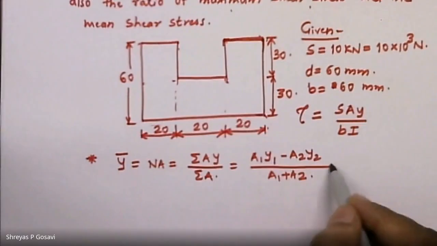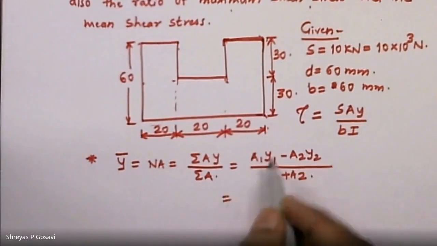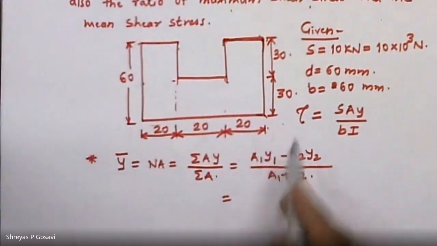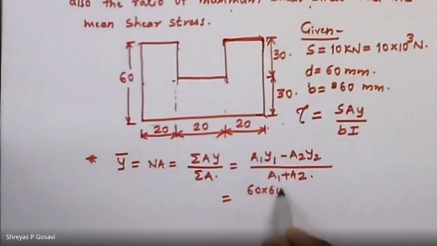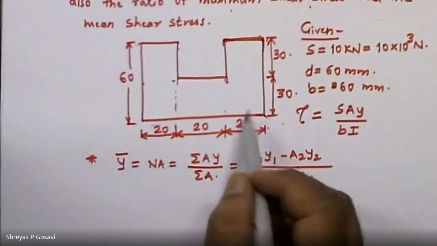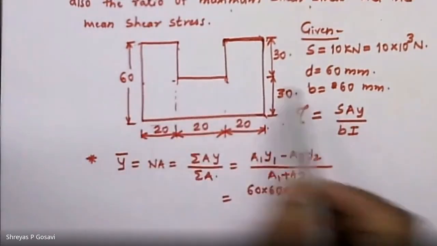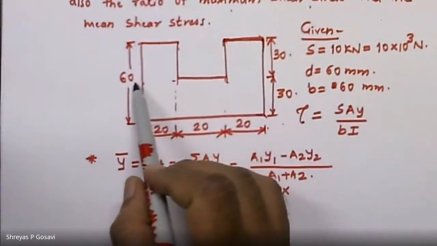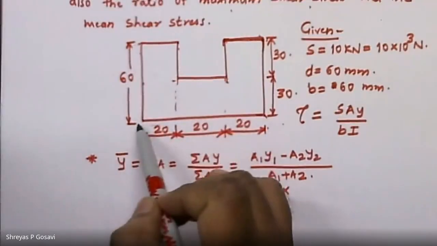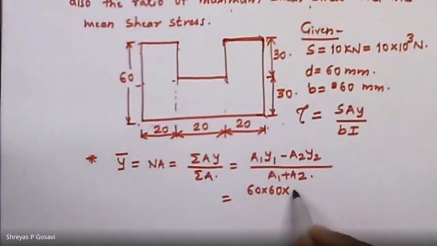So this will be A1, that is 60 multiplied by 60, into Y1, that is the centroidal axis of this square section. Since the dimensions are the same, it will be half of the total depth, that is 30 millimeters. Y1 will be equal to 30, minus A2.